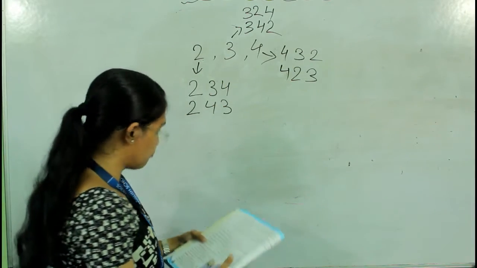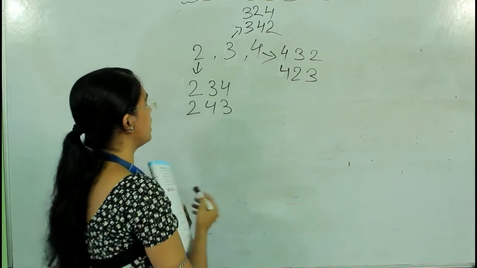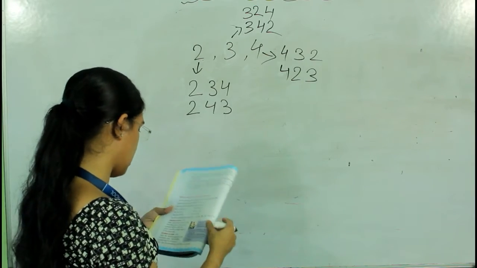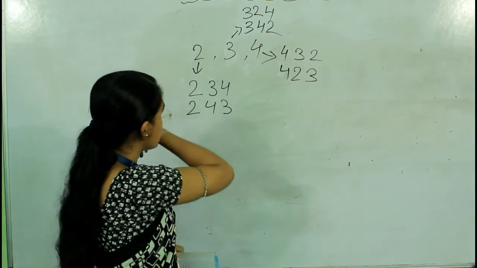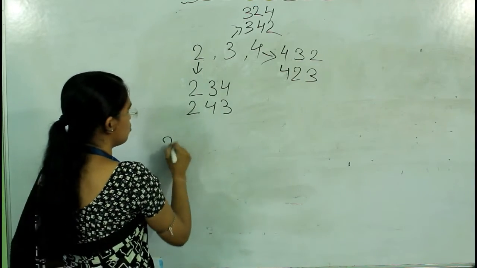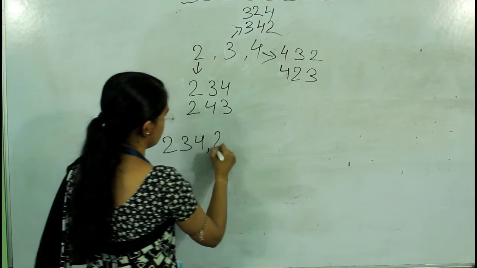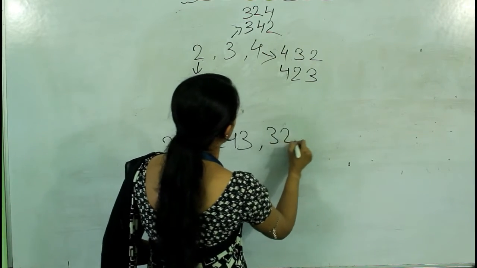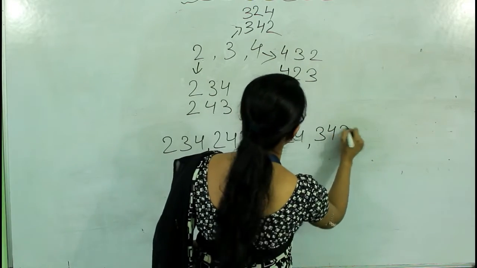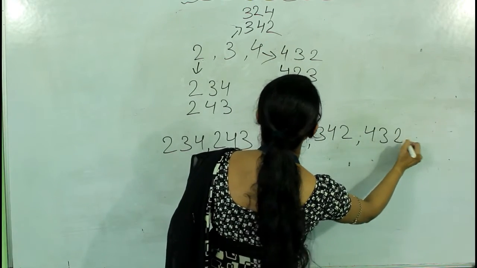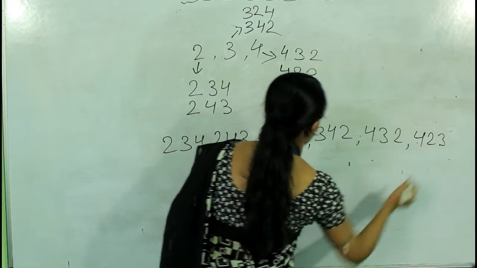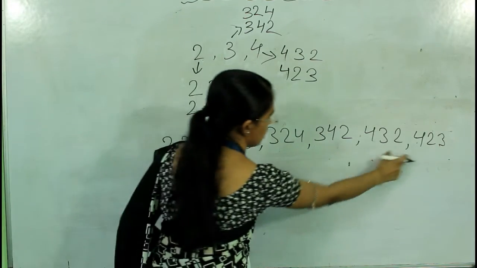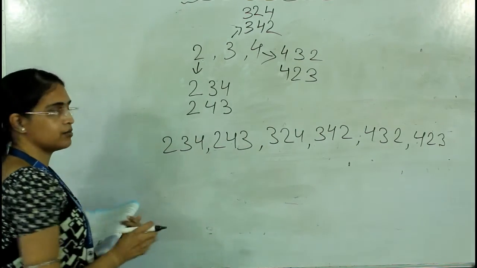Now from here we have to find out the greatest number. Like 234, 243, then 324, 342, 432, 423. Now I have to find out the greatest number. Greatest means bada.